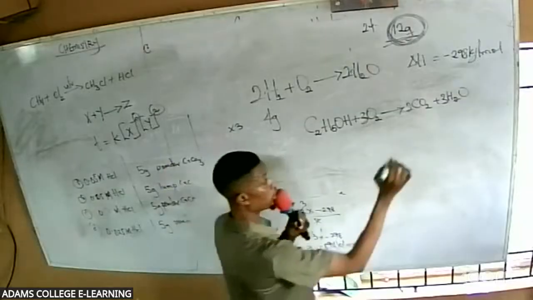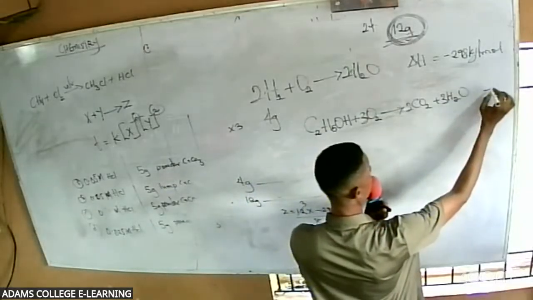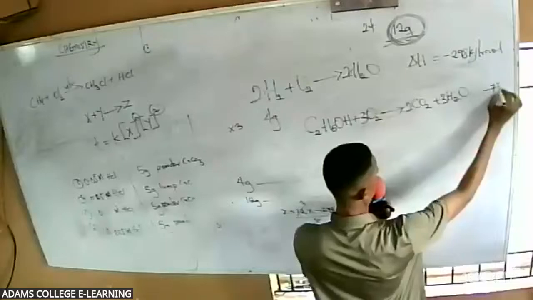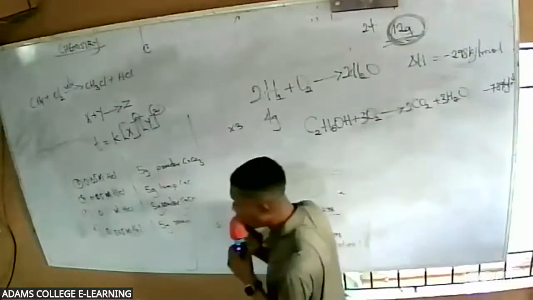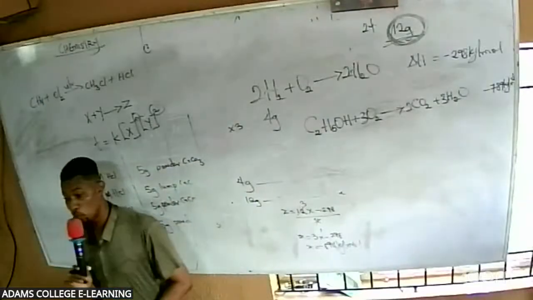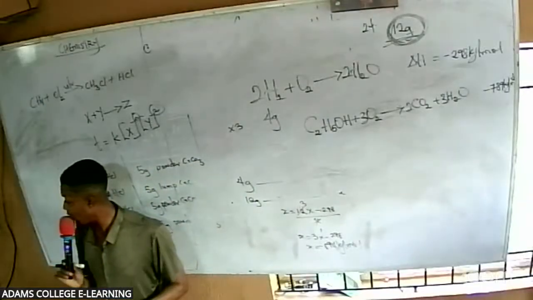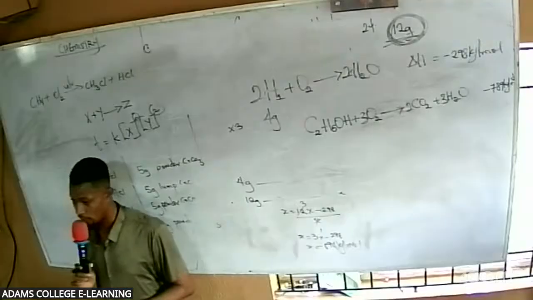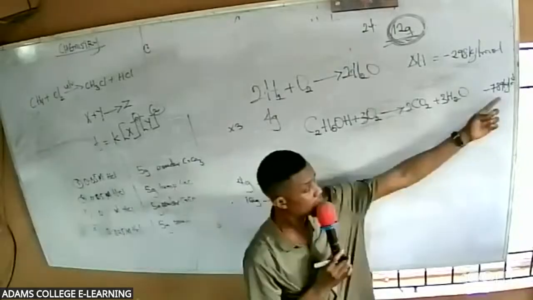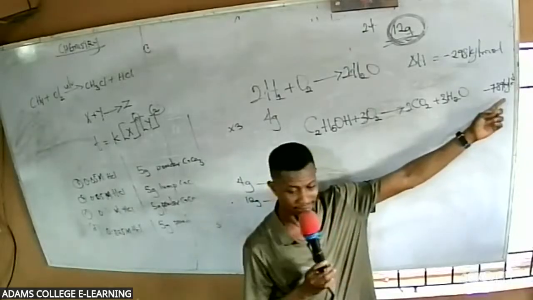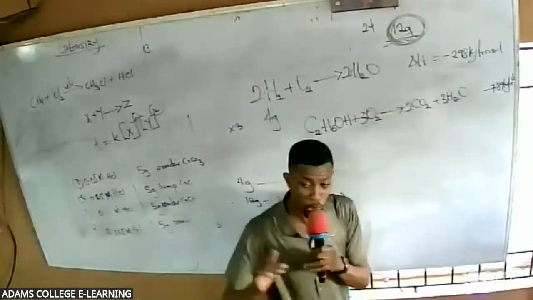And what's the amount of energy liberated? Minus 789 kilojoules per mole. Now, listen. I'm telling you that most of the calculations you'll be coming across are calculations where the answers are smiling at you. What is the amount of energy released here? Minus 789 kilojoules per mole.